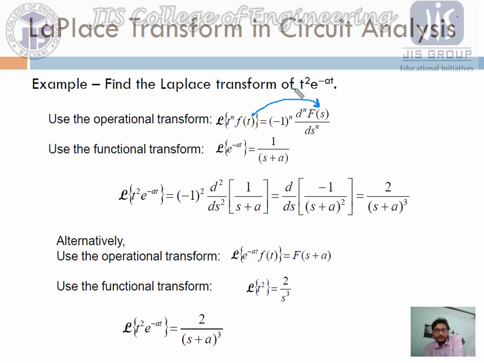The given function over here is t square into e to the power minus at. We know the Laplace transformation of e to the power minus at is 1 by s plus a.